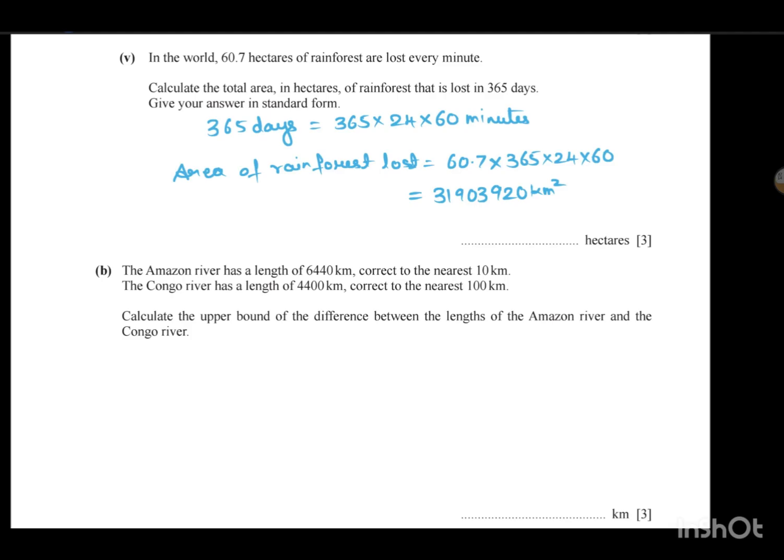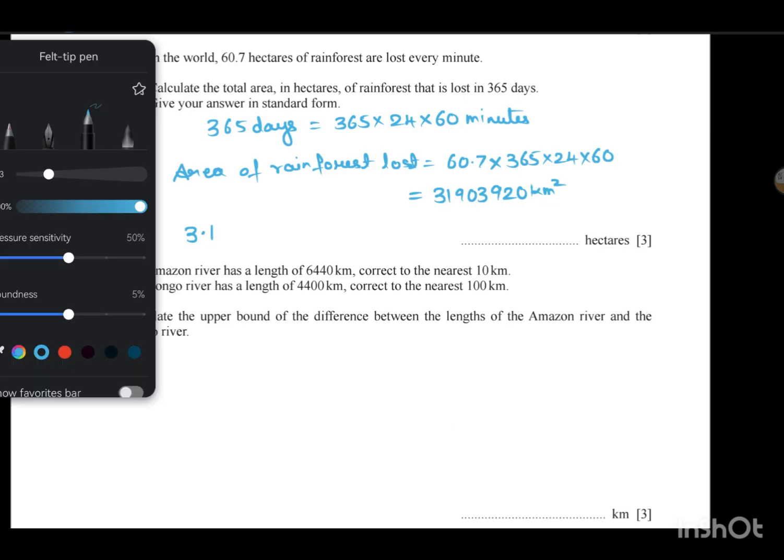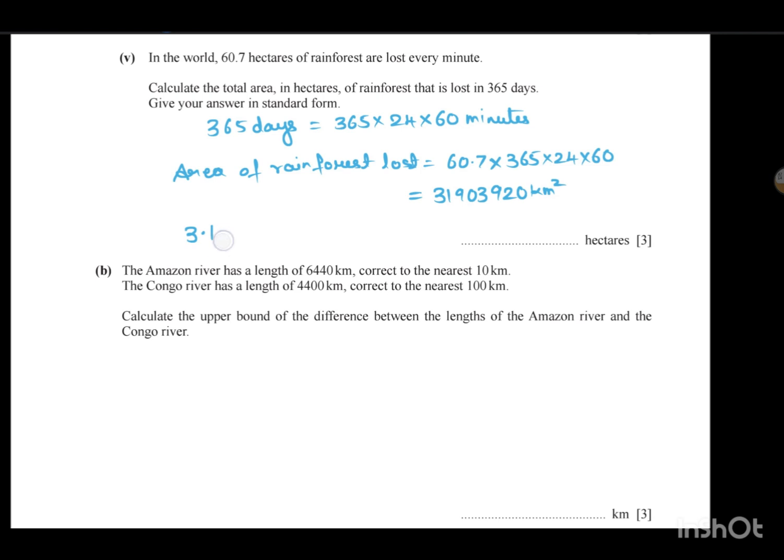Now, they are asking us to write the standard form of this number. Standard form will always have a decimal with one place before the decimal, that is ones place, and a decimal. Then 903,920. When we round, we have to round the place here. So let me round this 1 as 2 because after 1 there is 9. So 3.2 into, now the point is moving to the left. How many digits?